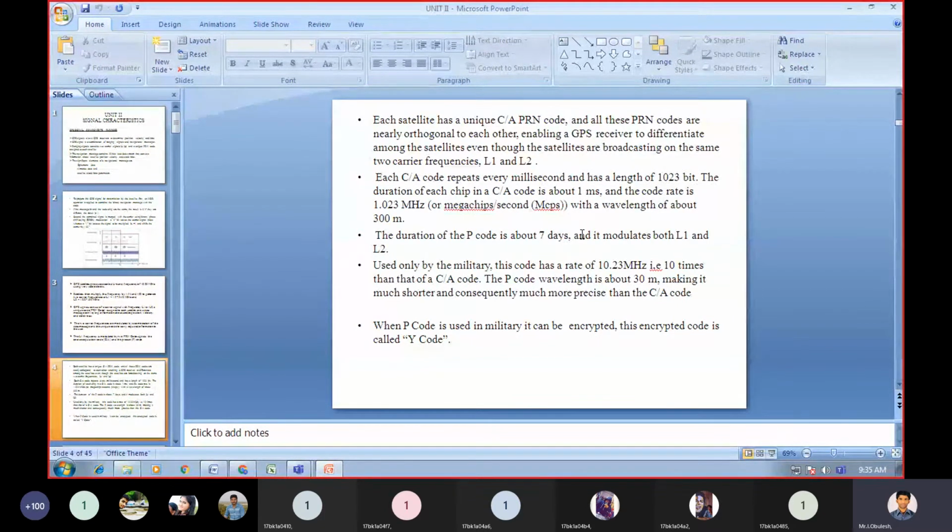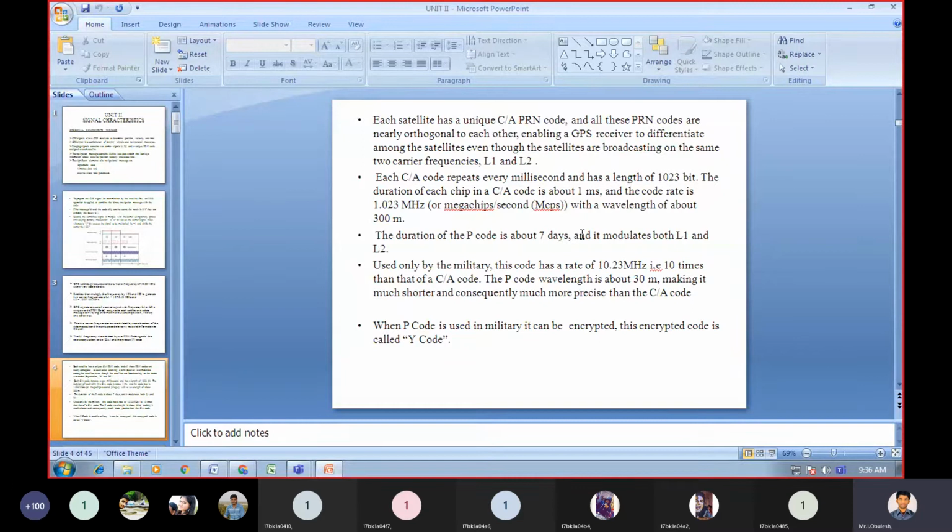Each C/A code repeats every millisecond and has a length of 1023 bits.